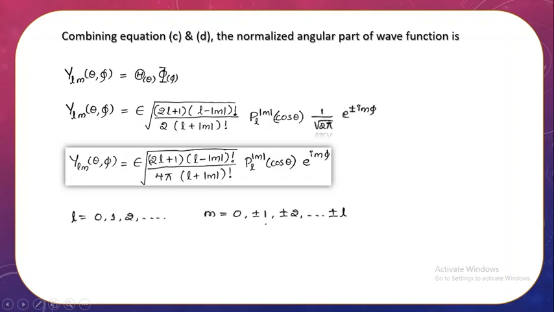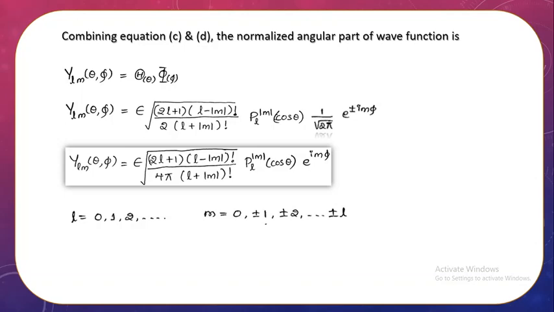Again here L is 0, 1, 2, 3 and so on, and M is equal to 0, plus or minus 1, plus or minus 2 and so on. The solution of the angular part of the equation is called spherical harmonics, because it depends on a polynomial function or a special function, and it is independent of the energy E as well as the potential energy V of r.